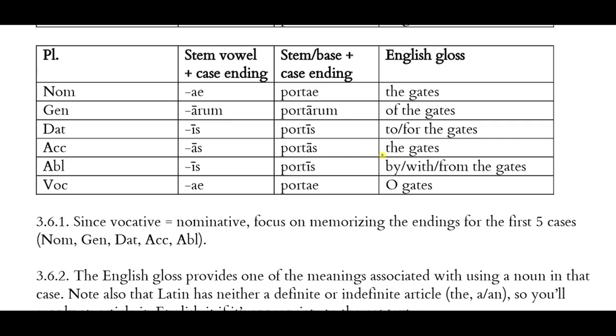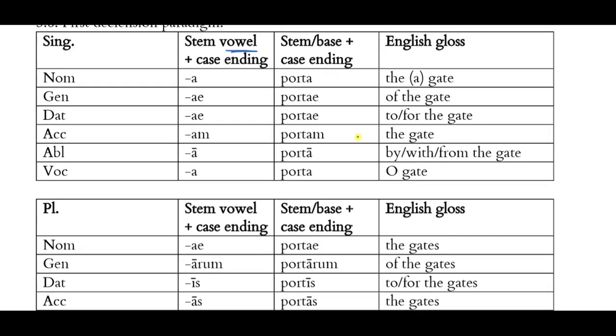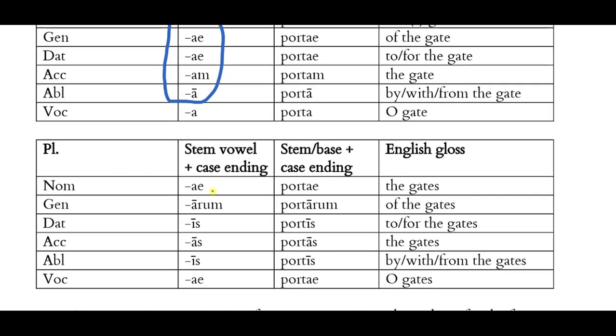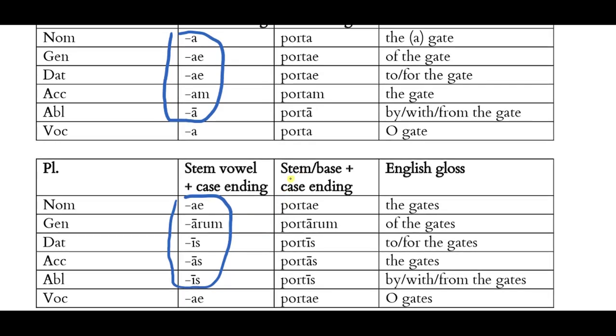So for memorization, because we're assuming vocative is the same as nominative, for memorization's sake, we can really focus on these first five here. Okay. And I'm going to give you a song that my kids used to sing when they were in classical conversations to memorize these first declension forms.